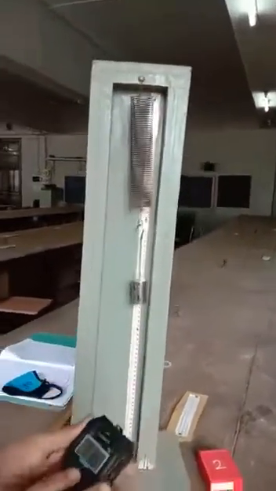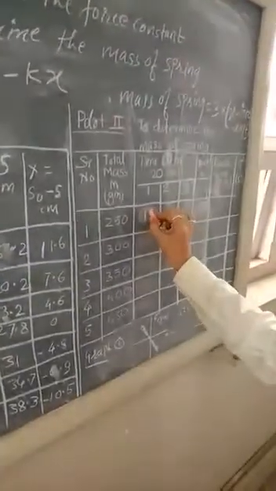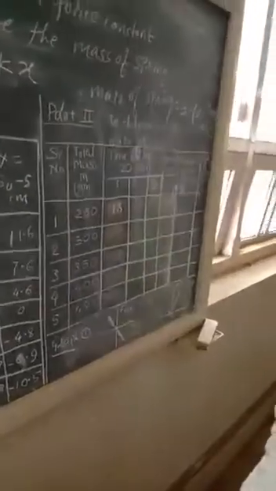Now we measure the reading. That first reading comes out to be 18. For 250 gram, the reading will be 18.